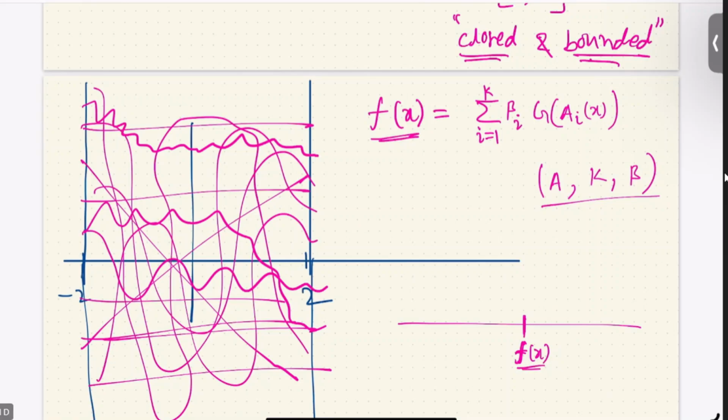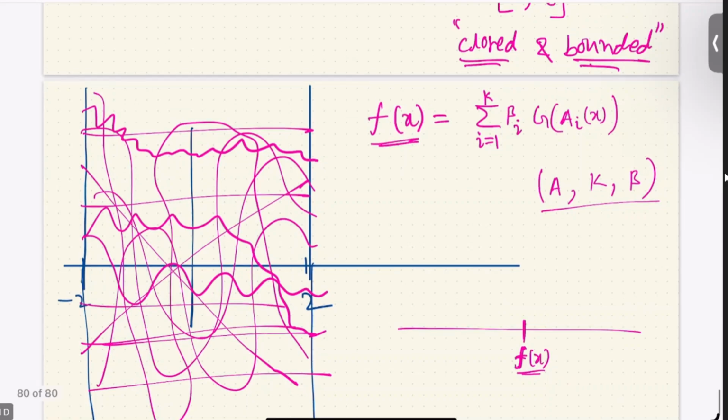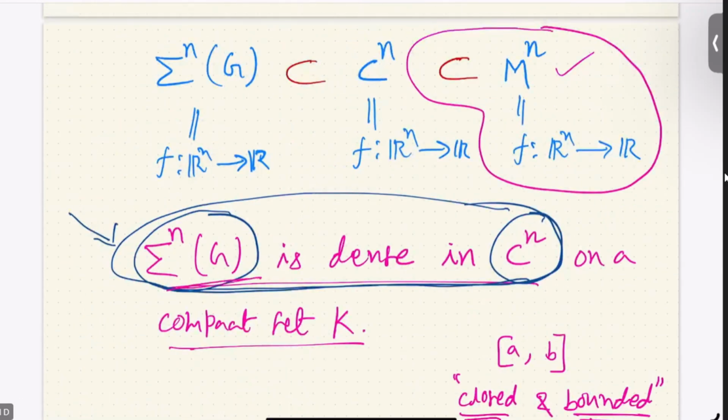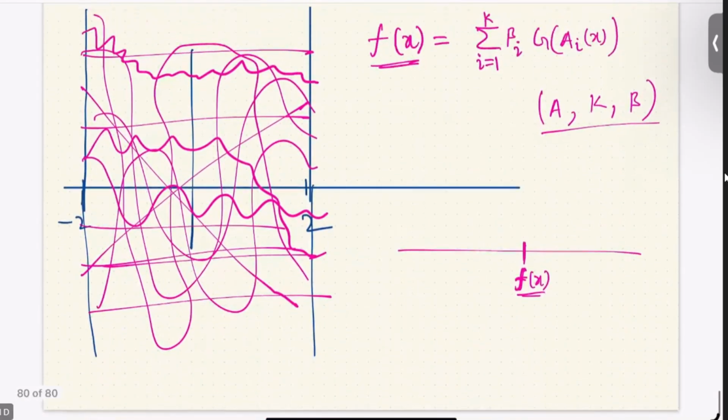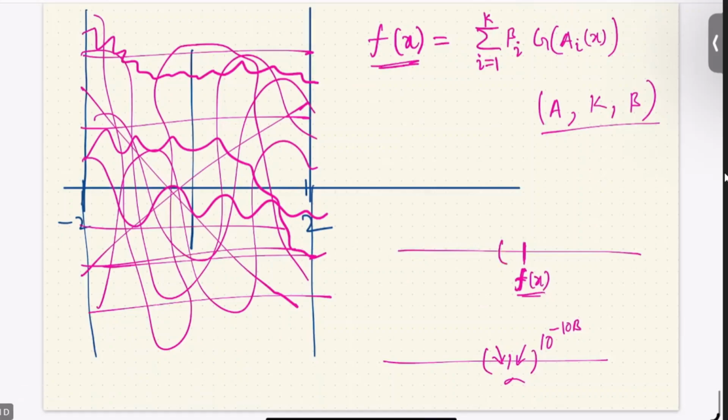But we don't know this f of x. Because of this denseness, as I said earlier, even if we don't know the exact function, we can go close to it. No matter whatever approximation you ask for, 10 raised to minus 10 billion, I can still find that closeness. So we can go close to our solution.